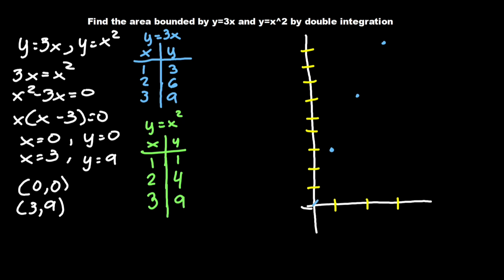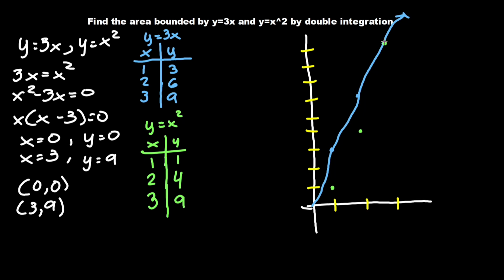So it would be like this. Good enough. Anyway, it is like that. And now for the graph of y equals x squared, this is a parabola. So 1 and 1, 2 and 4, and 3 and 9.